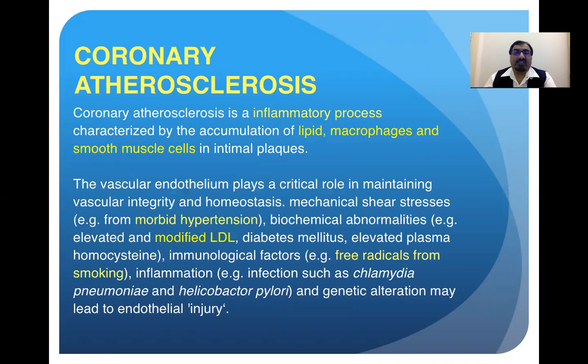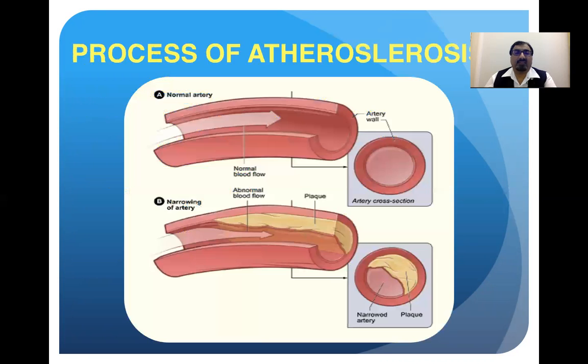Mechanical shear stress from essential hypertension, modified low density lipoproteins, associated diabetes, elevated levels of homocysteine, some immunological factors, free radicals from smoking, and certain infections like chlamydia or H. pylori infections, all lead to endothelial injury and thus produce this particular pathogenesis of coronary atherosclerosis.